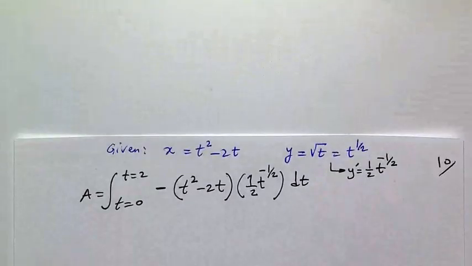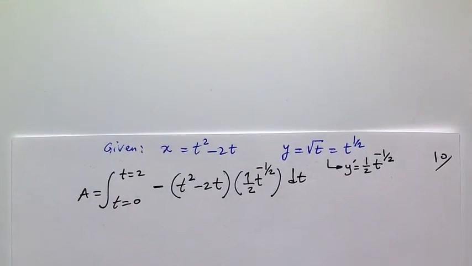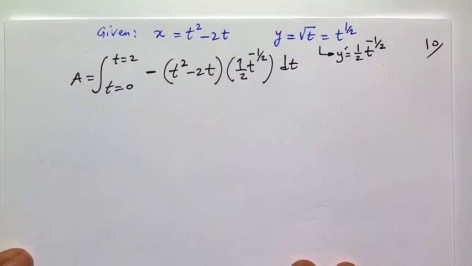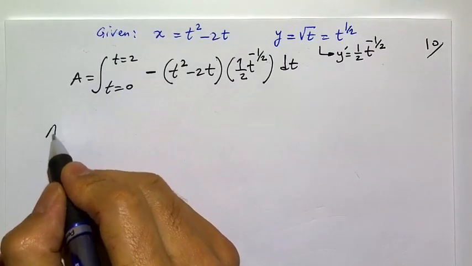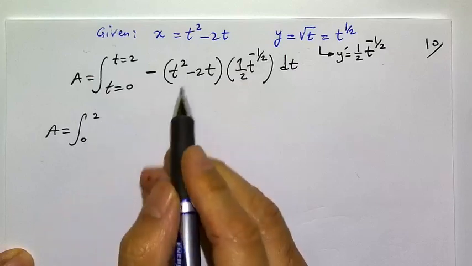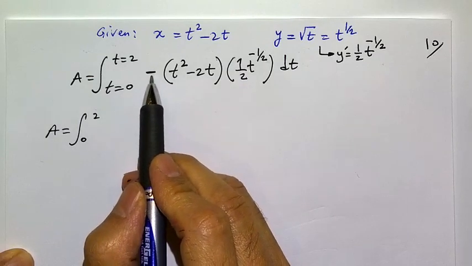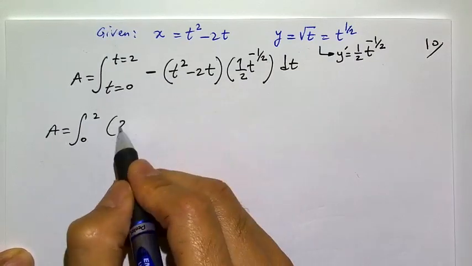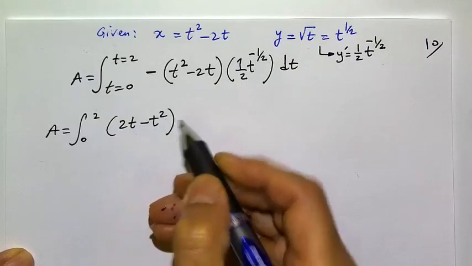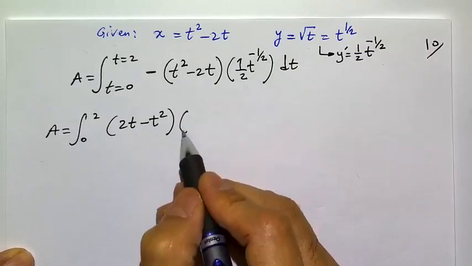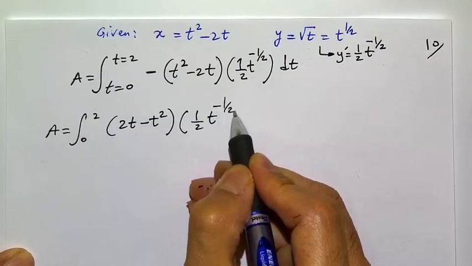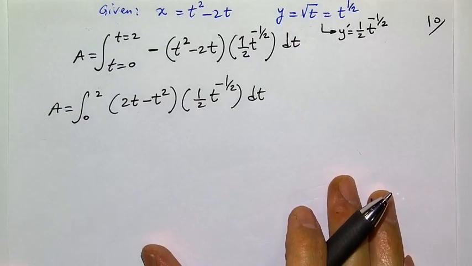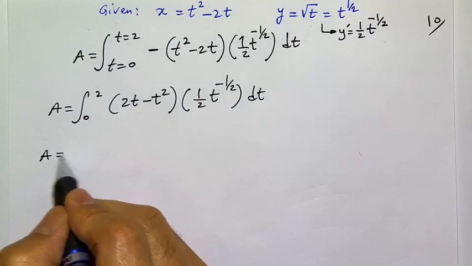Okay, we don't need that one anymore. All right, so now time to simplify this expression and find the integral of it. We have from 0 to 2, this minus; let's not keep it dangling in front, let's distribute it. If we do, we get positive 2t minus t squared times all of that. Distributing this into that, what do we get?